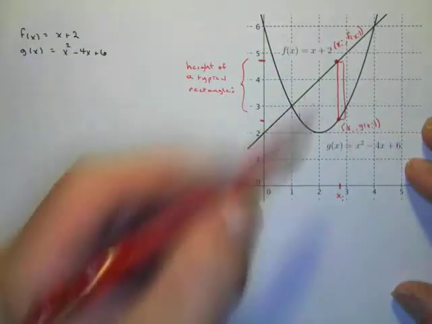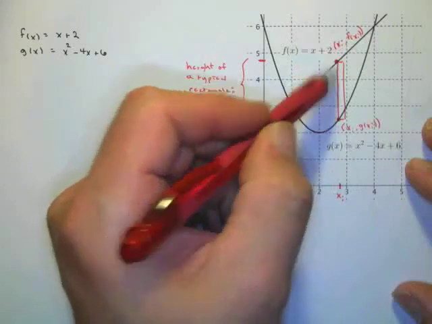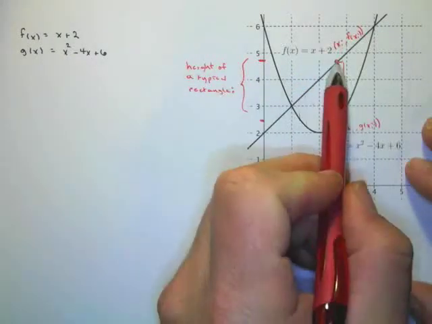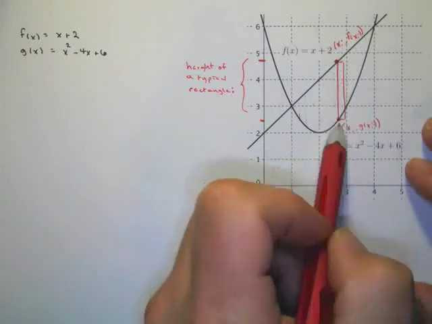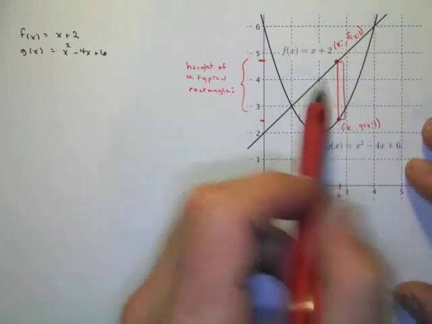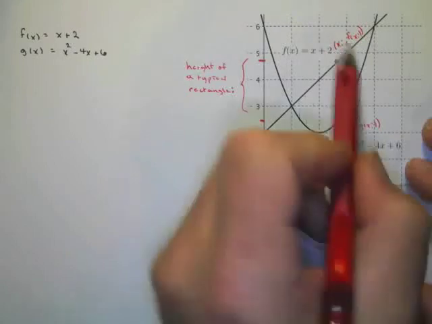The height of this typical rectangle is the difference in these two y values. If this were up 8 and that were up 6, then we would know this distance is 8 minus 6, or 2 units. But we don't know exactly how high that is because we don't exactly know where x sub i is.